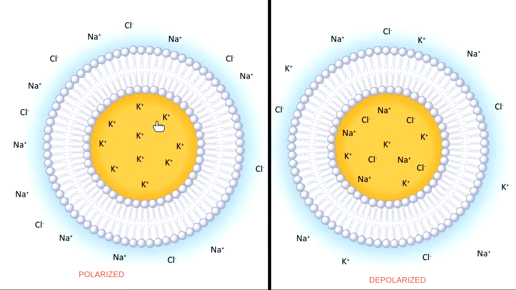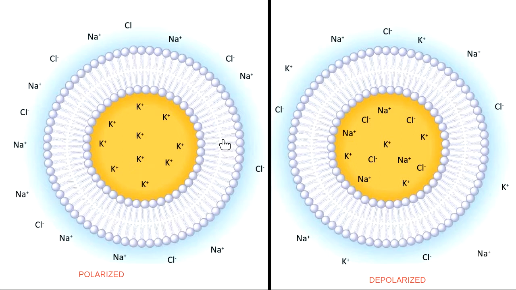So I'm not sure if I fully addressed your question, but I bet by the end of tomorrow, when we've covered everything from lesson number 3, we will have addressed it. But the short answer is that absolutely, there's a limit to what can go in and out. And a lot of that limit is just based on the fact that the plasma membrane says, no, you're not moving. So hopefully that clears it up a little bit.